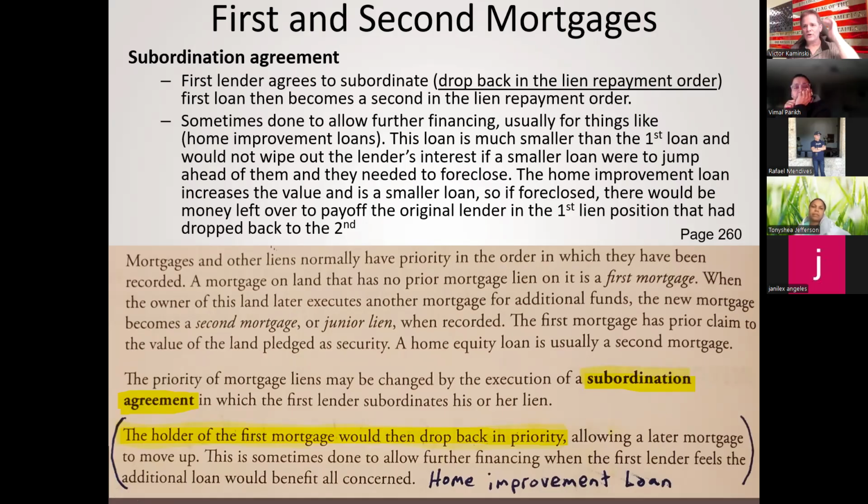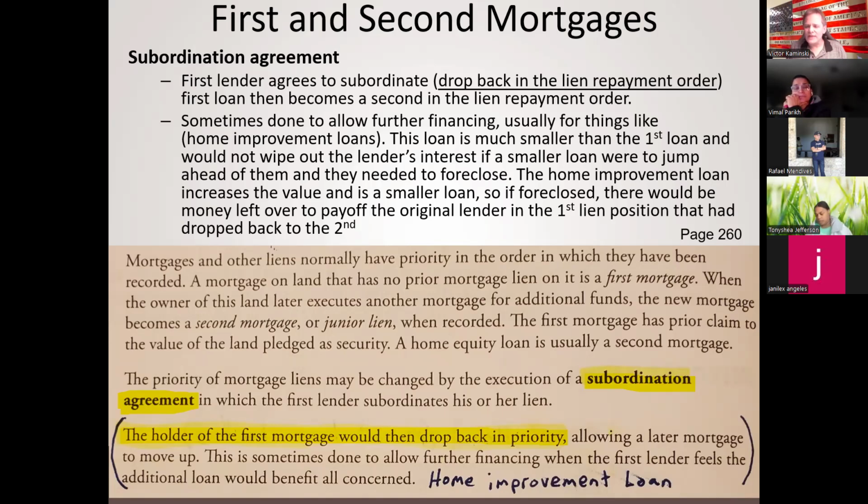Well, there is a situation where a primary lien holder will drop in the lien repayment order, becoming subordinate to another. This is usually when somebody's getting a home improvement loan, because that loan is much smaller than the loan that was used to buy the property. And that loan is going to be used to make improvements to increase the value of the collateral property anyway.